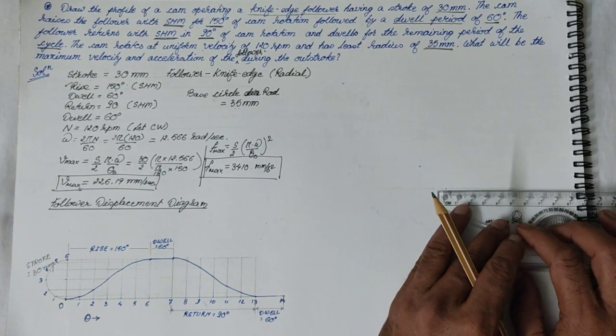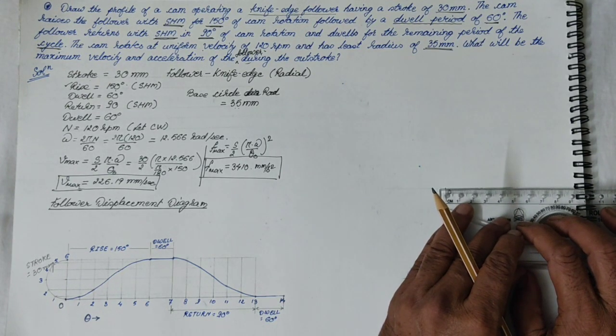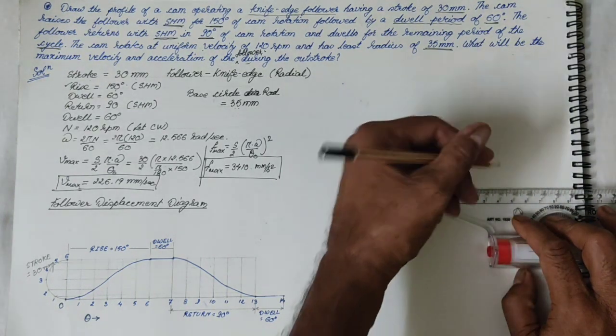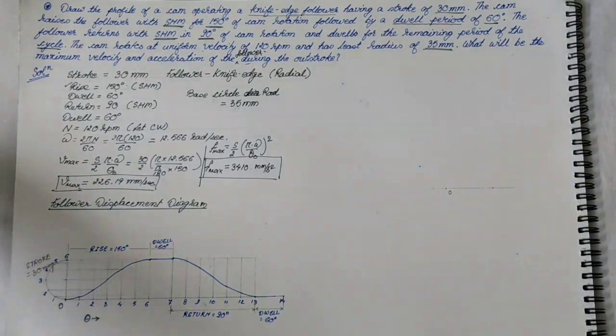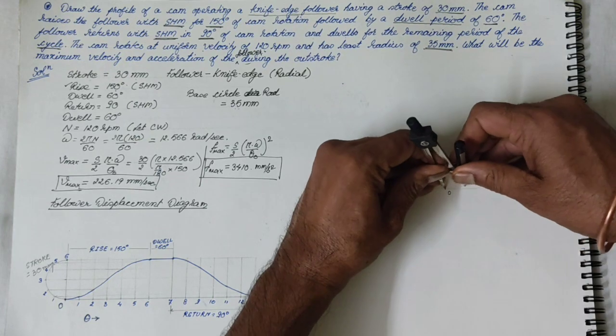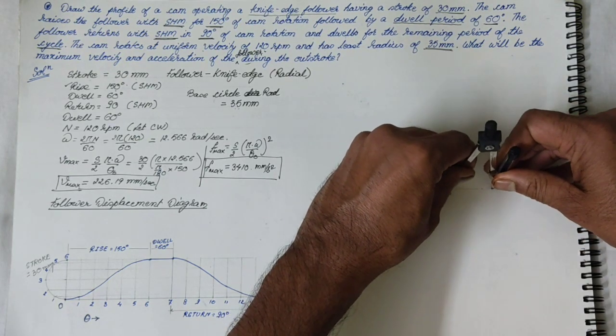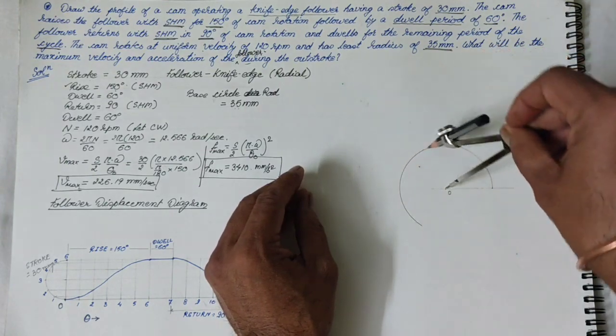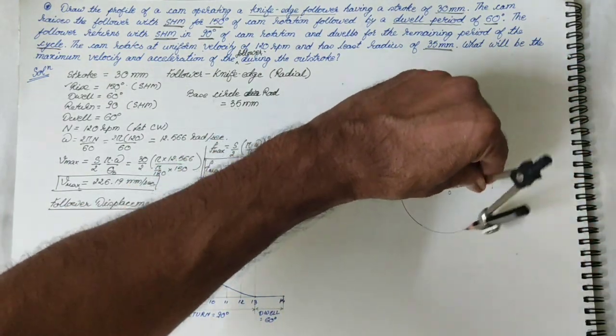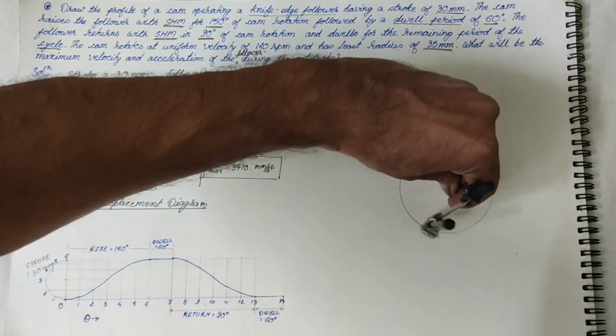So I mark 35 mm and first draw the base circle, the least radius circle.